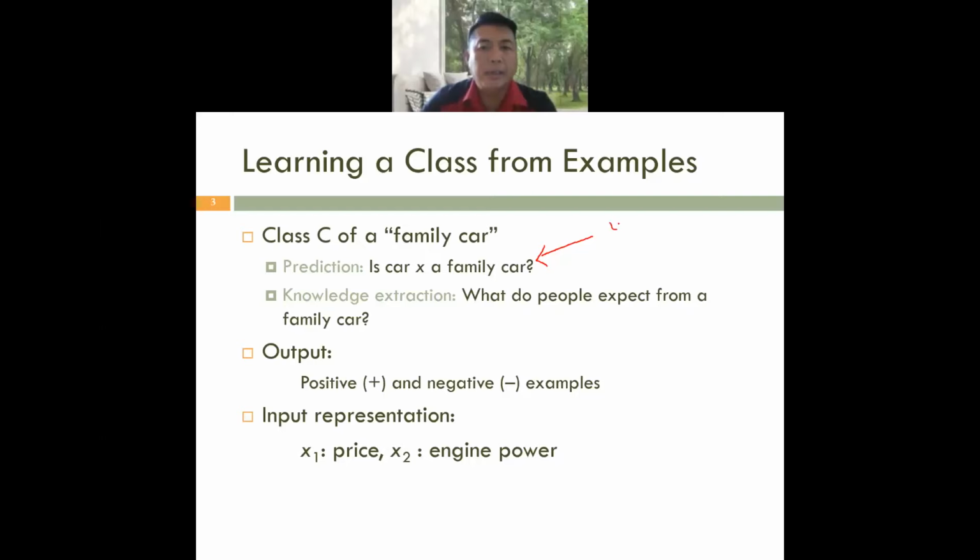The answer is yes or no. Since we have only two labels, we call it binary classification. If we have more than two, then we call it multi-class classification.